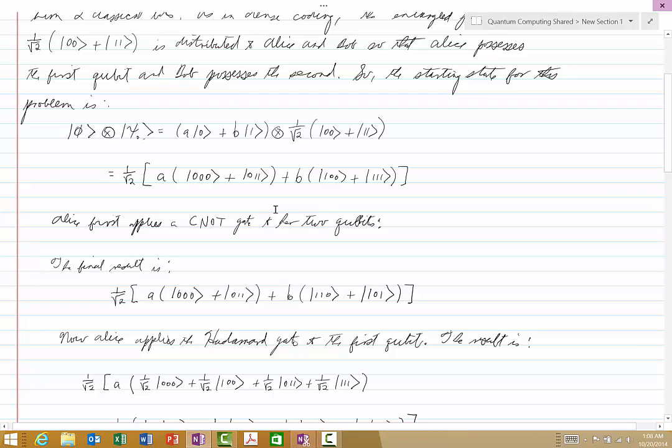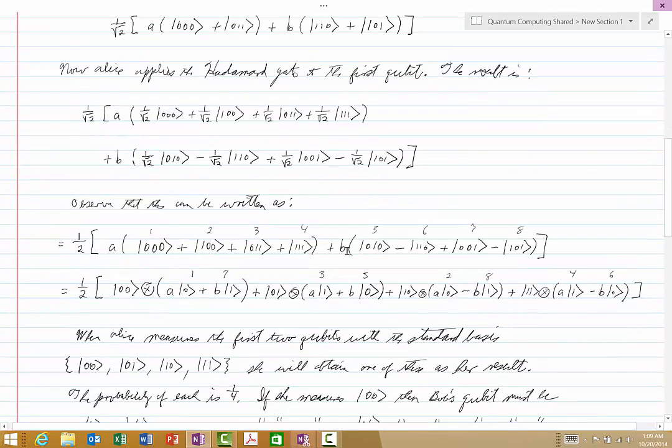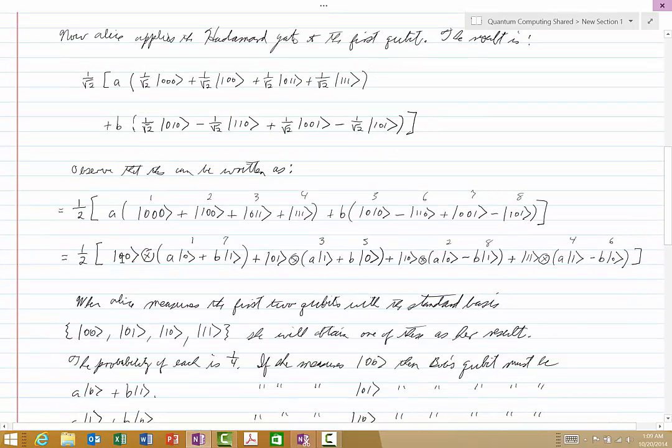Then she applies a Hadamard gate to the first qubit. Then she measures with the standard basis, and then she will send Bob either a 0 and a 0, a 0 and a 1, a 1 and a 0, or a 1 and a 1. So that's what Alice does.